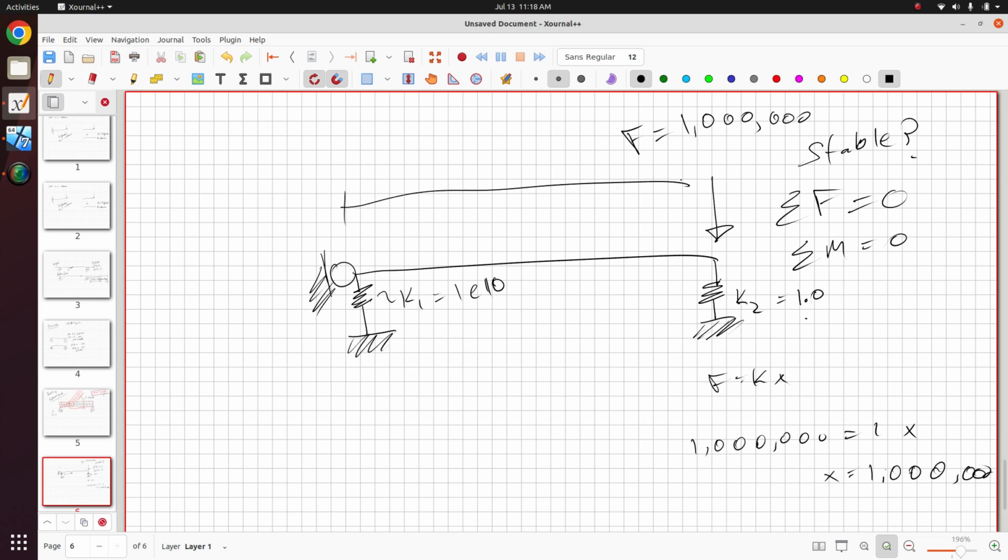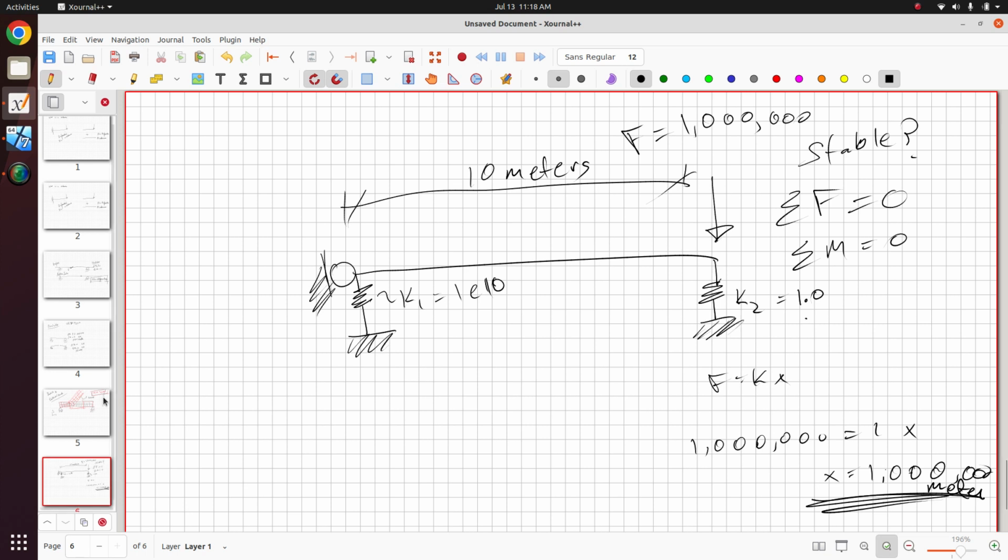Now if the length of this beam is maybe 10 meters as an example, here my deflection is approximately 1 million meters. That is not okay. So this is a scenario where you're mixing stiffnesses that are of different magnitudes.